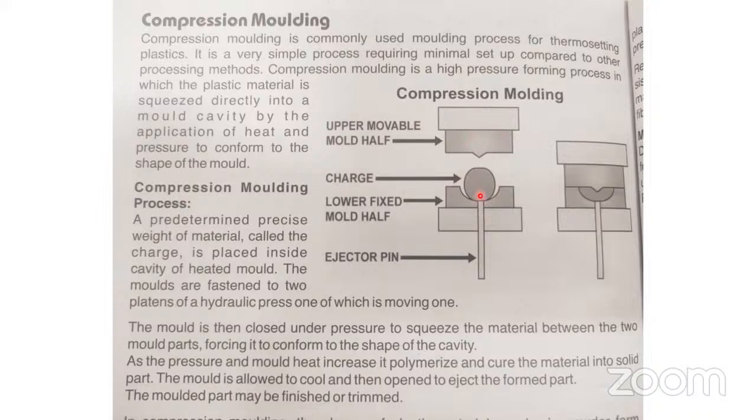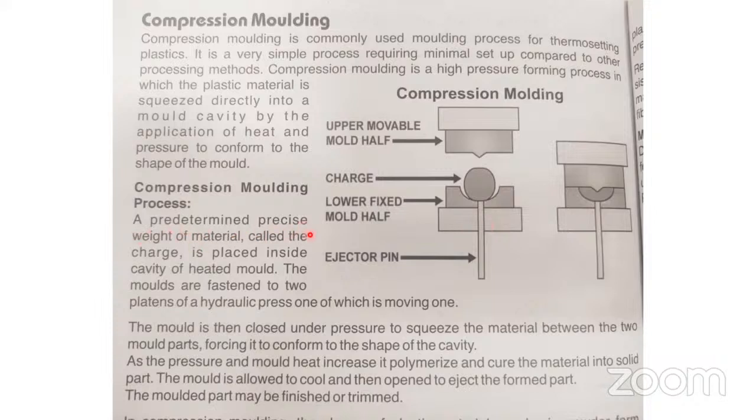See, I told you here, the very first diagram is the lower fixed part of the mold that is called the bottom mold, and it is maybe a cavity, there is a punch here. This is the upper platen, lower platen, and this is the ejector pin here. Simple structure, nothing else is there.